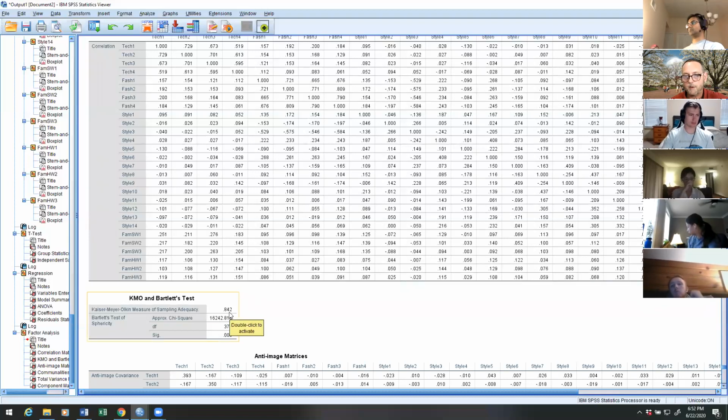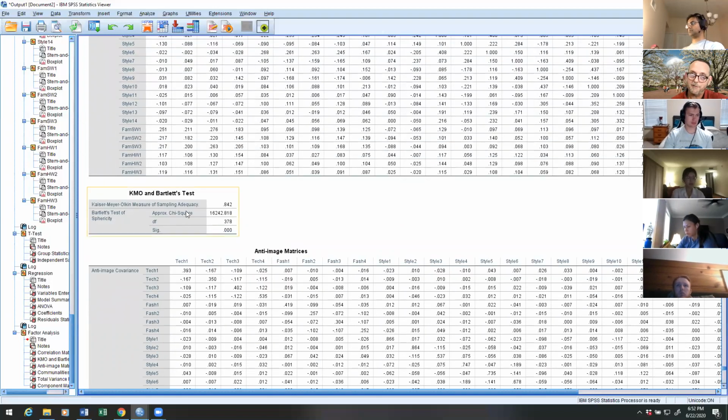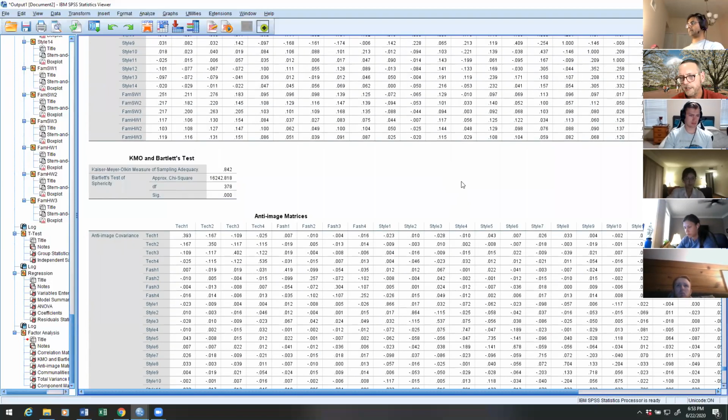So again, above 0.7 is fantastic. Bartlett's test is good. I found it to be pretty rare for these not to be supportive. So you can use a lot of data sets, even if they're not great data sets, and you'll still find these to be acceptable. But that's fine. It's worth doing.